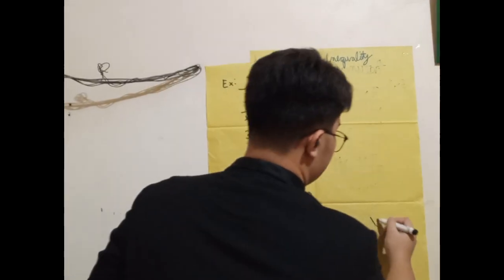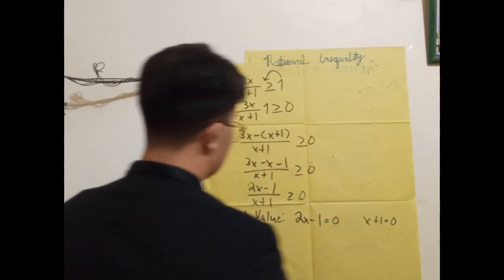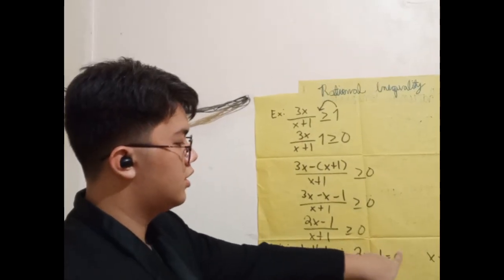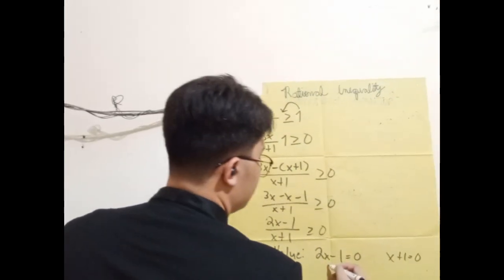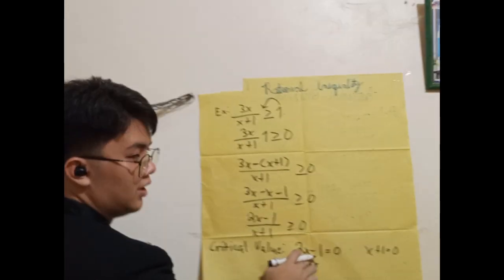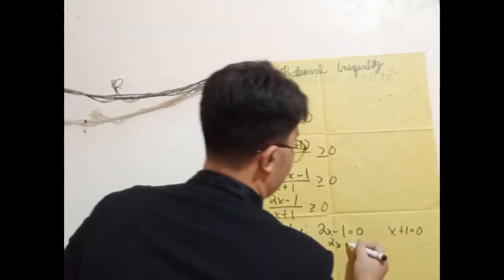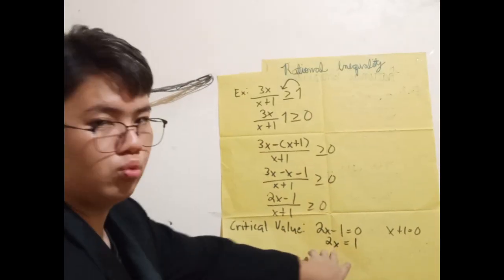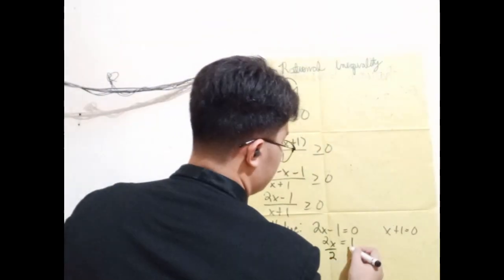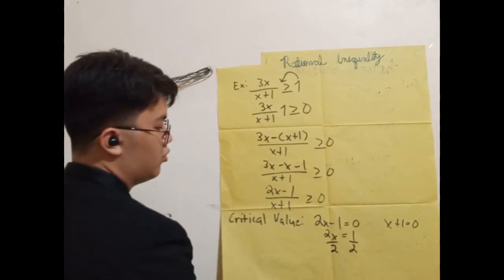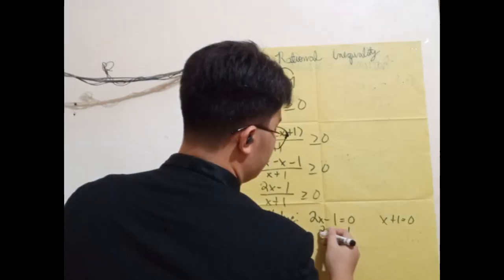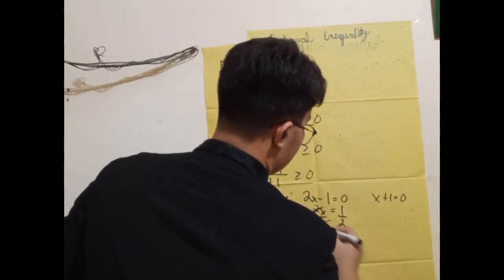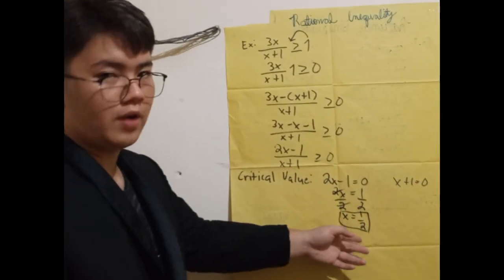Then x plus 1 equals 0. To solve this, let's put the negative 1 here, so 2x equals 1, since negative becomes positive. Then let's divide both sides by 2. The 2 divided by 2 cancel. Then x equals 1 half. So this is already one of the critical values.